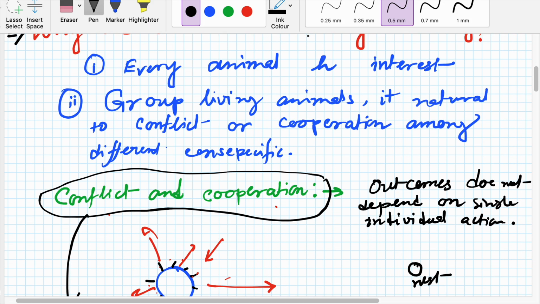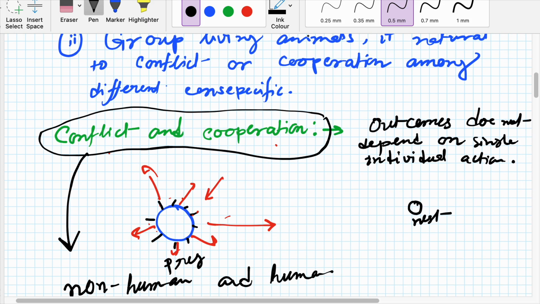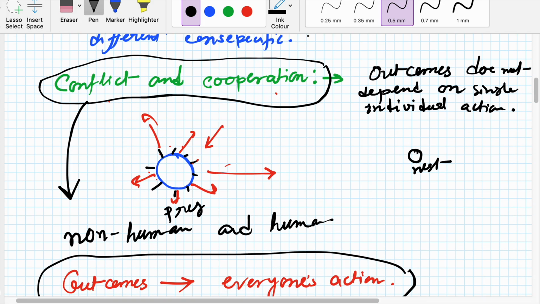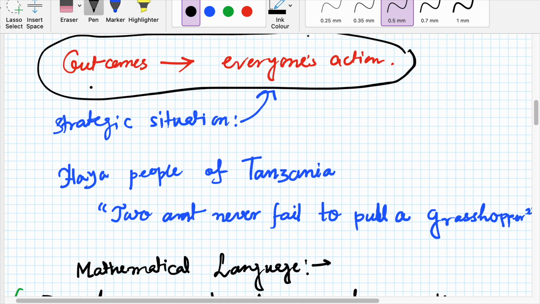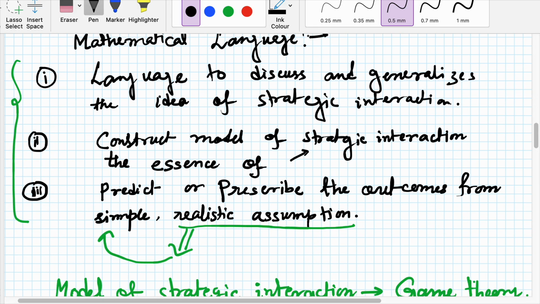We can see such examples everywhere in our life, from ants to human beings. And we have seen that there is a very useful, elegant mathematical tool by which we can capture this aspect of strategic interaction, that is game theory.